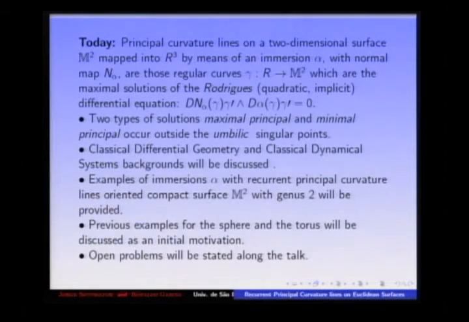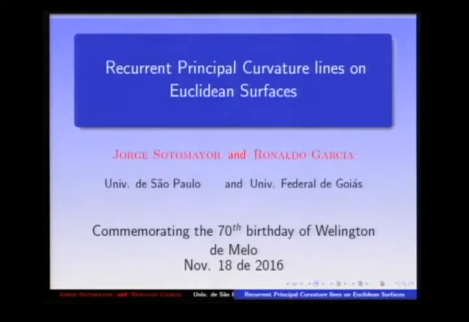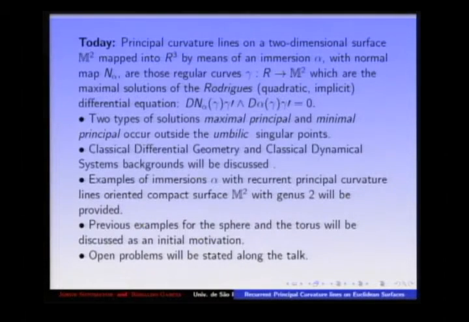But you know from your classical differential geometry culture that it is a quadratic equation. This equation defines two direction fields, not globally, but locally. These direction fields break down at the singularities, which are called umbilic points.